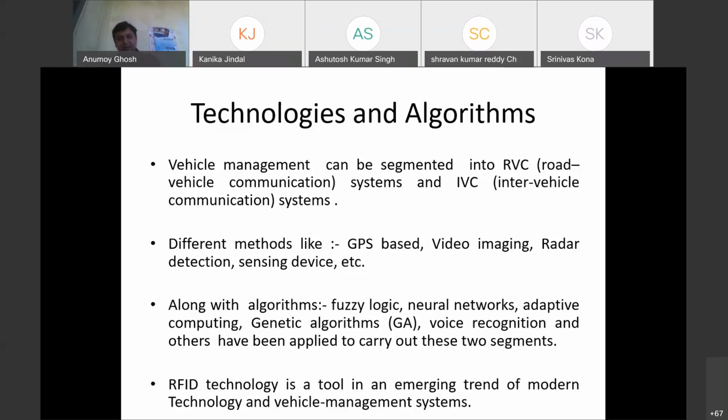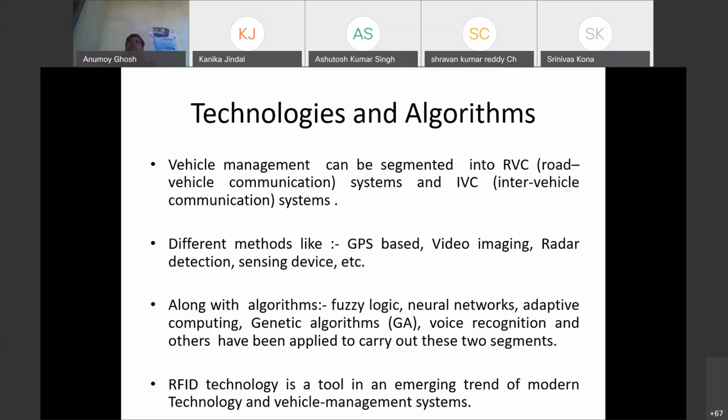The GPS based method is already used in your Uber and Ola, for giving information on traffic conditions, where the traffic is heavy, where it is light, the shortest route, and so on. But for collision avoidance, the GPS based method is not that suitable because GPS is not a high resolution thing.